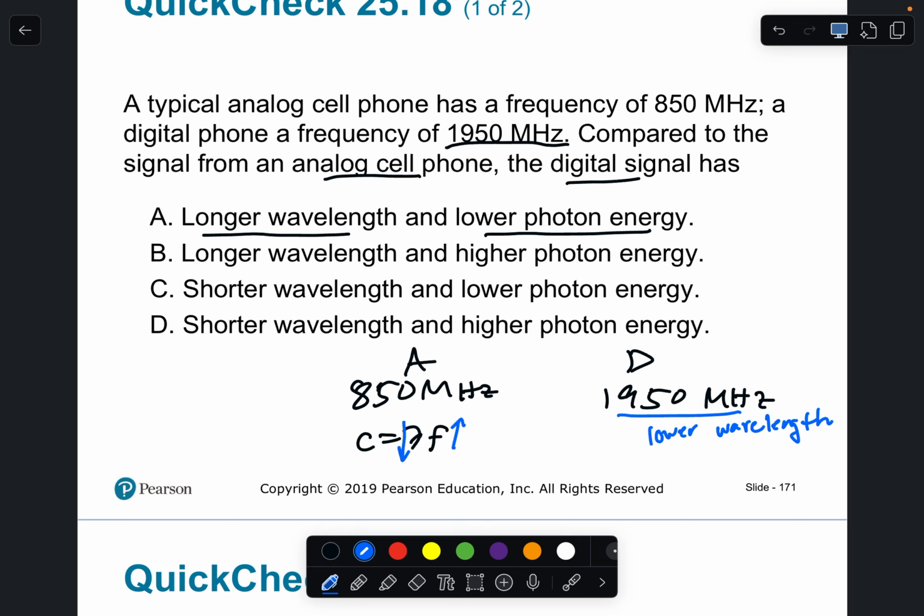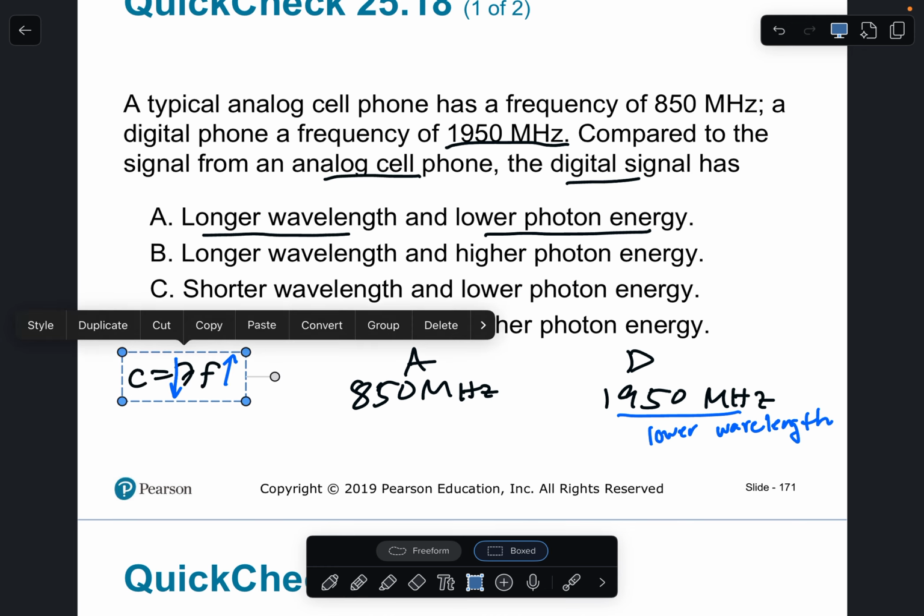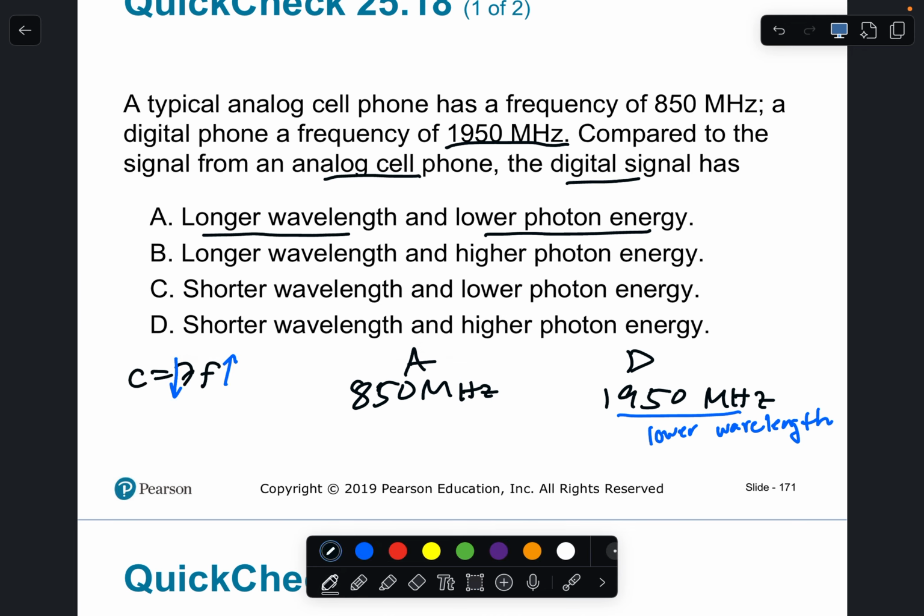But the energy of these particles, these photons, depends on the frequency. So the higher the frequency, the higher the energy of each photon that represents it. So, in other words, higher frequency, lower wavelength.